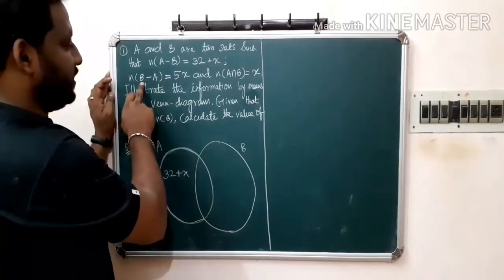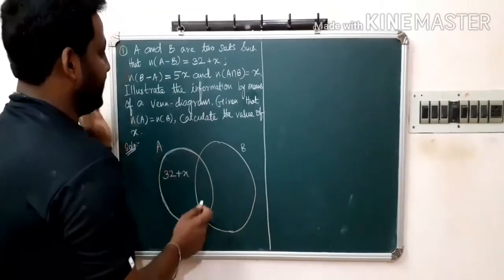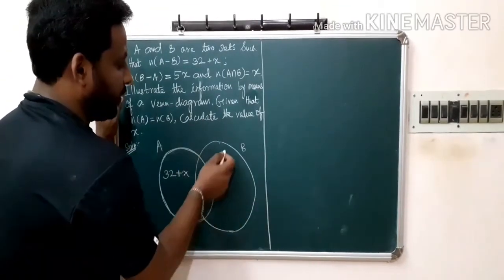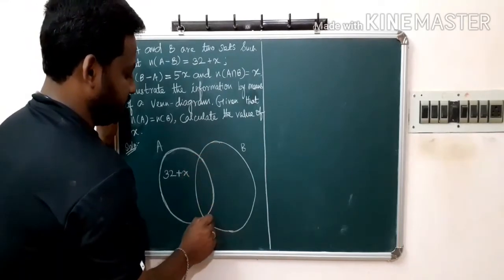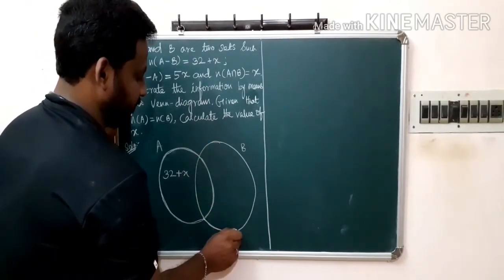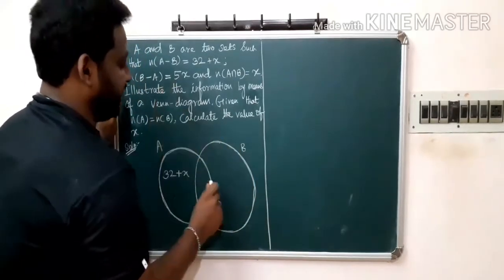And then the second one is given, that is B difference A. We have to differentiate the set B with A, so B difference A means this part alone, which is 5x.